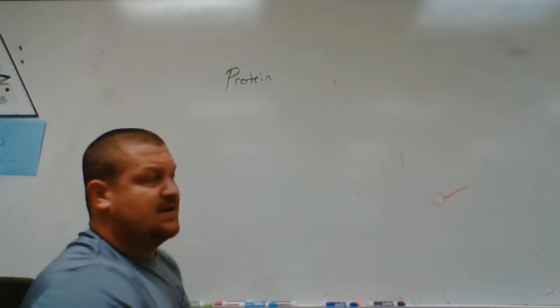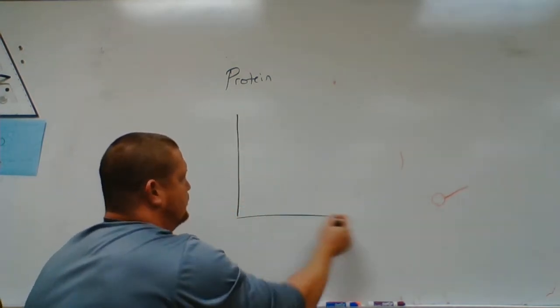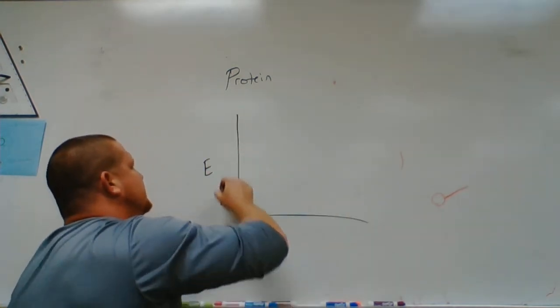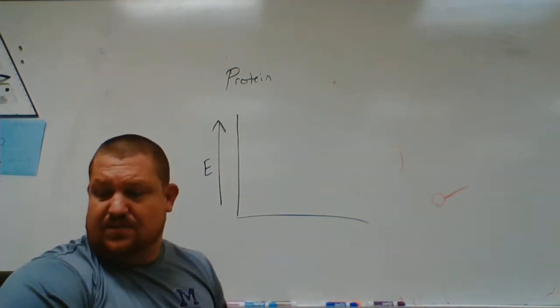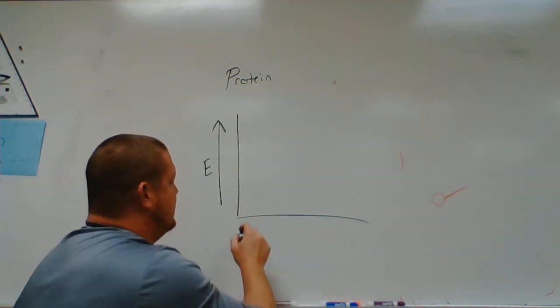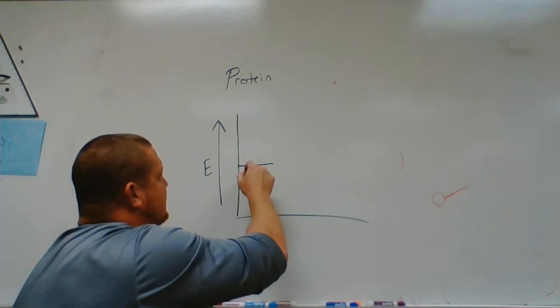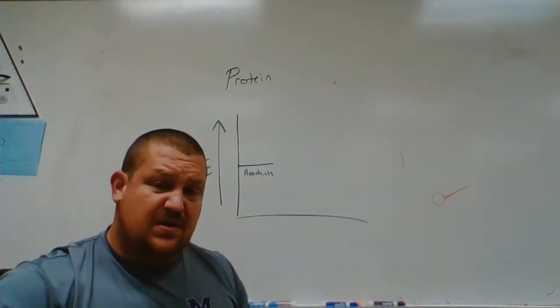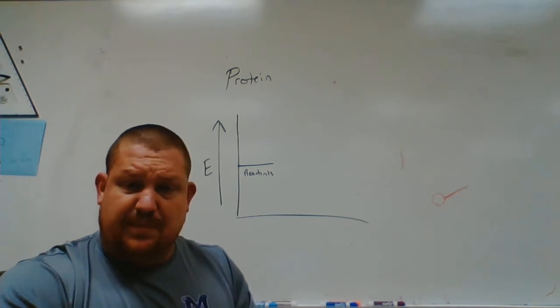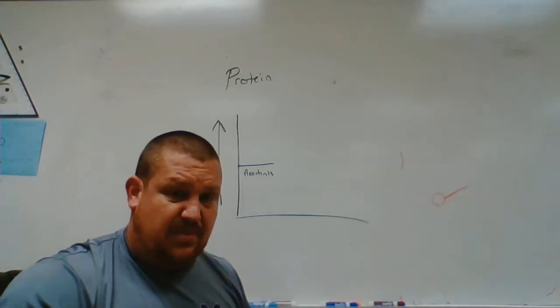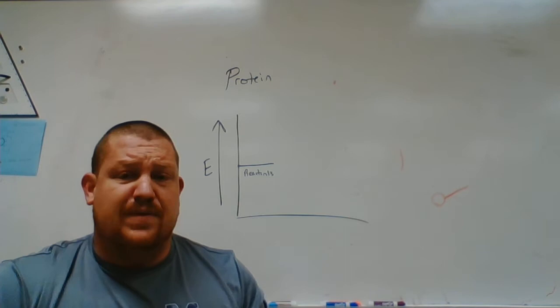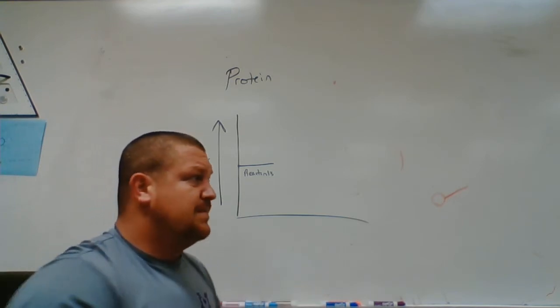So if we were to think about a graph where we have energy going up like so, and we start with our reactants. Reactants react together to form the products, right? A plus B is the reactants, C is our products. So in order for our reaction to occur, we have to input energy.